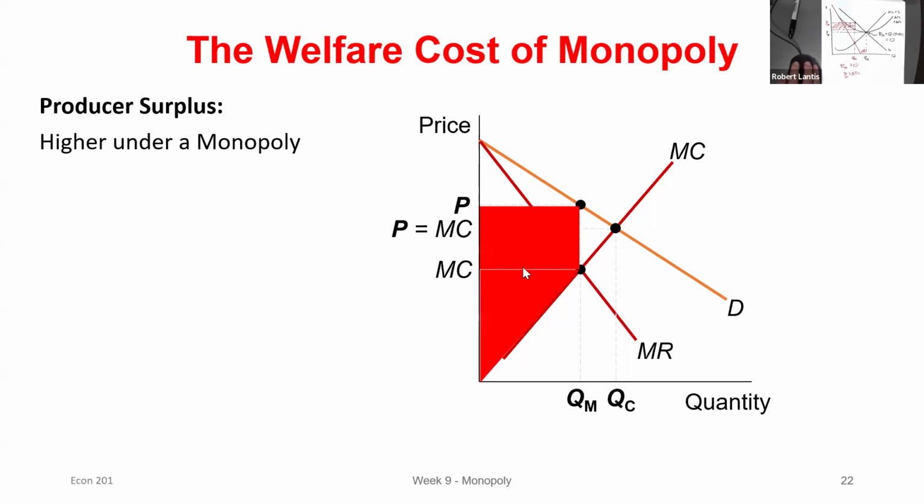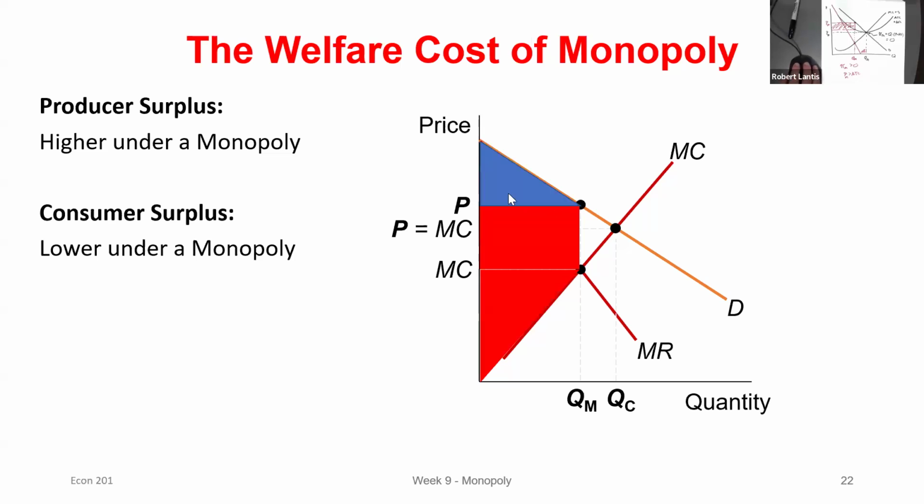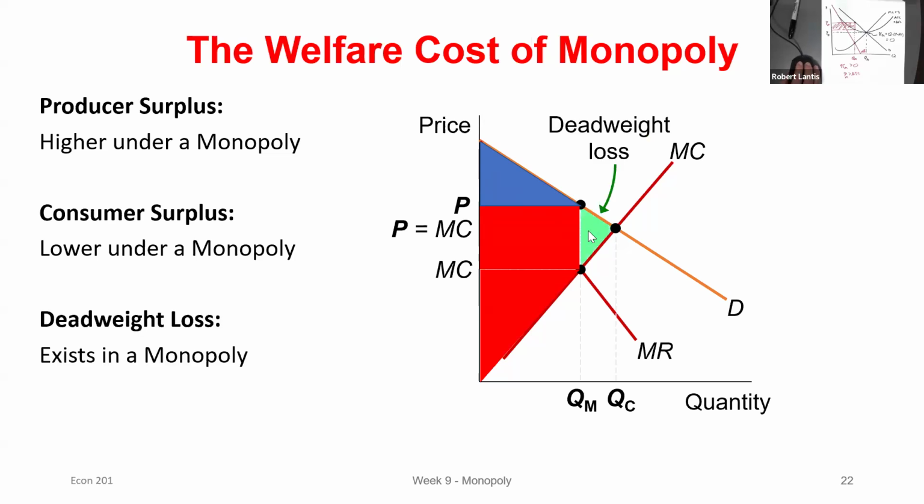So there's my producer surplus. What would consumer surplus look like under a monopolist? Right? Well, it's going to be the area below the consumer's marginal benefit, but above the consumer's marginal cost, which is this new higher price. So consumer surplus would be here. So the total surplus would be the sum of those two things. If I did have a perfectly competitive market, I would have had this additional surplus as well.